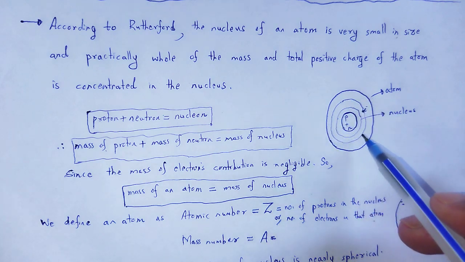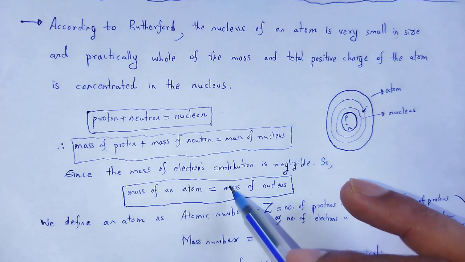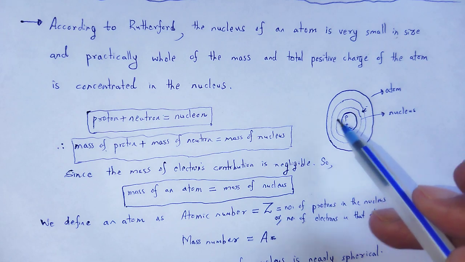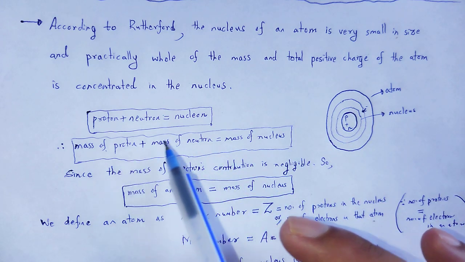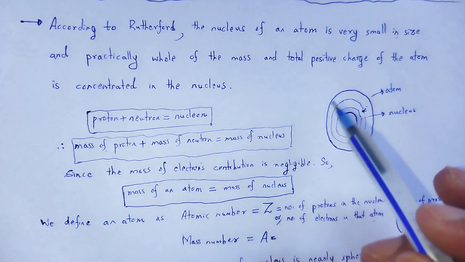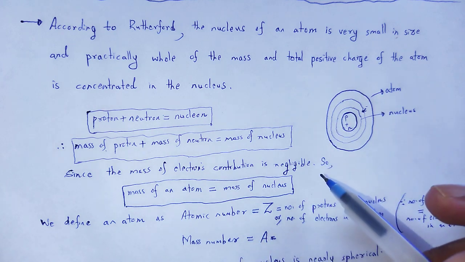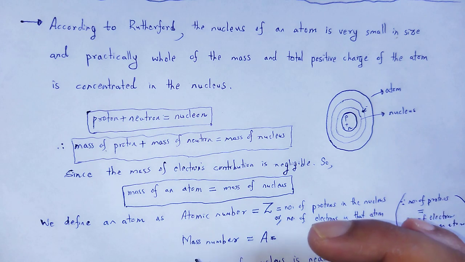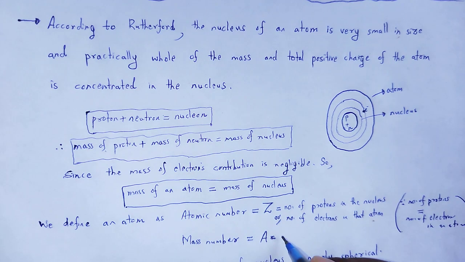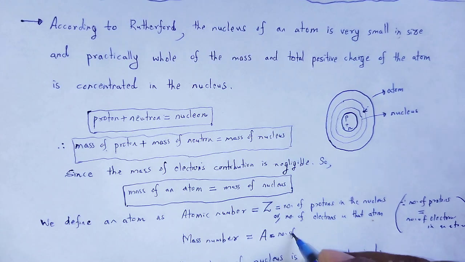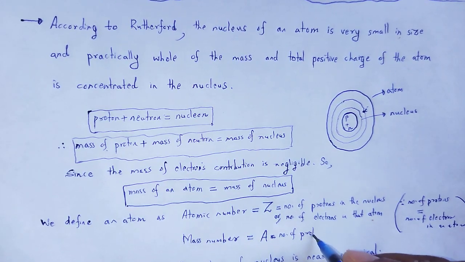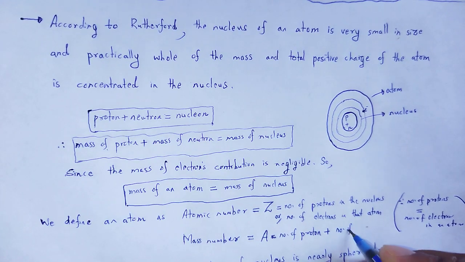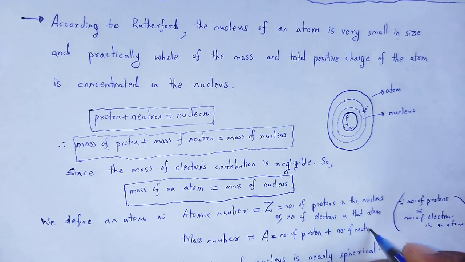Since the mass of the atom is defined by the mass of the nucleus, and the nucleus is nothing but protons and neutrons, the number of protons and the number of neutrons in the atom indicates the mass number, that is the number of protons plus the number of neutrons.